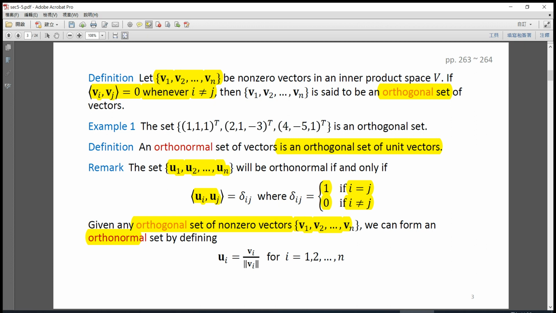That is, we divide vi by its length. Its length is the norm of vi, and we define these new vectors as ui for i from 1, 2 up to n, and u1, u2 up to un will be an orthonormal set.